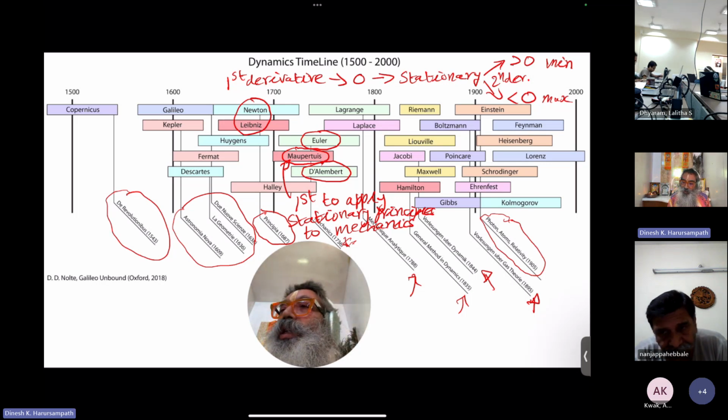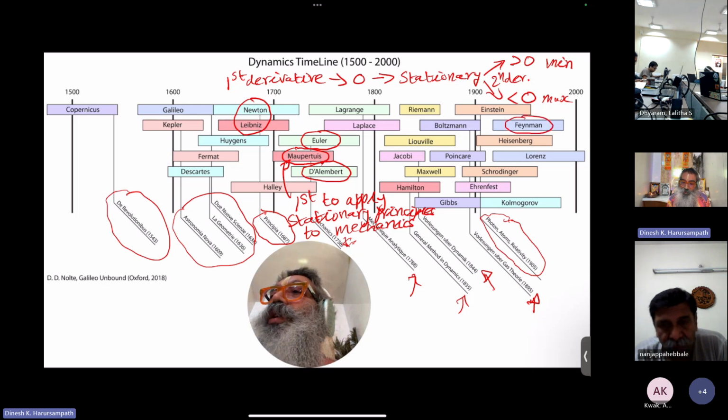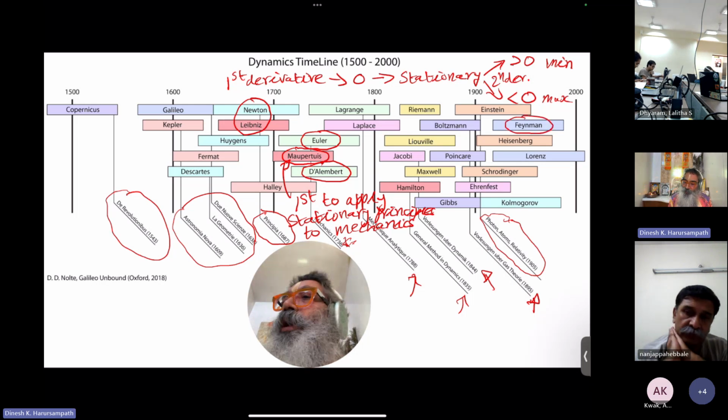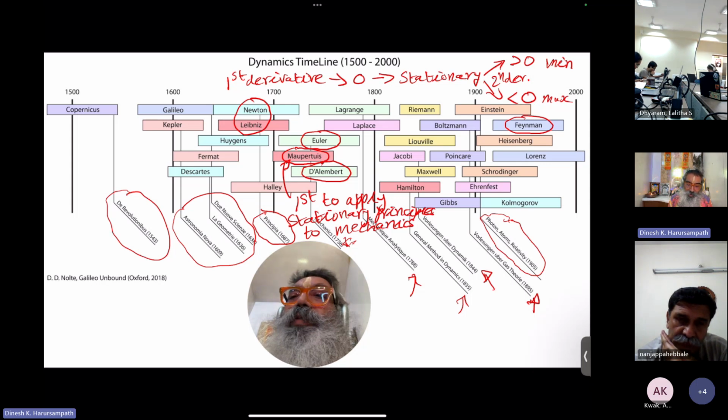And of course, some very recent people like Feynman and his series of lectures on physics are extremely popular amongst the young crowd for the right reasons, because he puts it in a very, very interesting perspective, and the lectures are accessible not only for students of science and engineering like us, but even to a lot of laymen who are more interested in it without the equations.